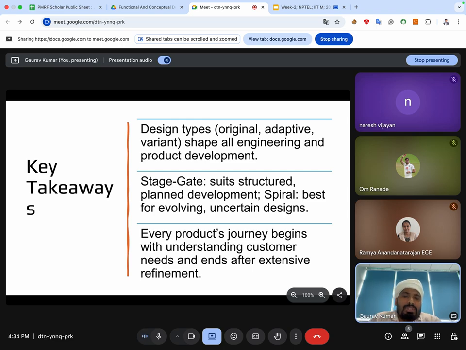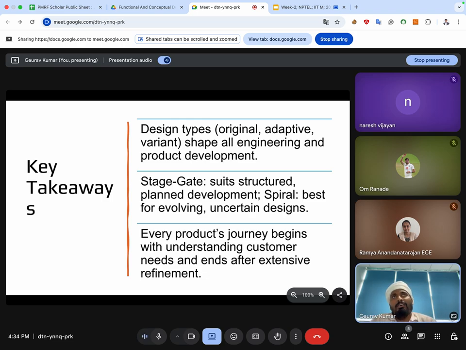For example, using a drone for agricultural spraying is an adaptive design. It wasn't originally meant for that, but we adapted it to serve a new context. So you keep the core but make it suit new requirements or environments.